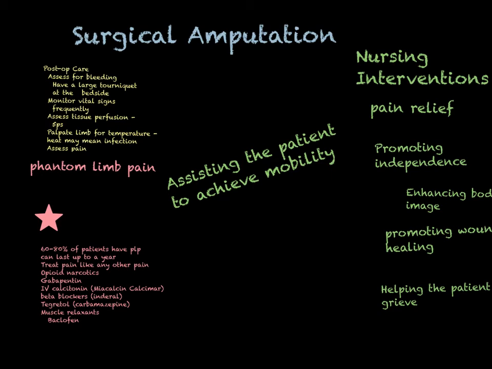Their balance has changed, their gait has changed. So the whole process of learning to use a prosthesis and getting that prosthesis to fit correctly and avoiding skin breakdown at the site. Sweating can be a big problem for these folks, and sometimes they don't want to wear their prosthesis. So those are all issues you might encounter in a rehab setting.